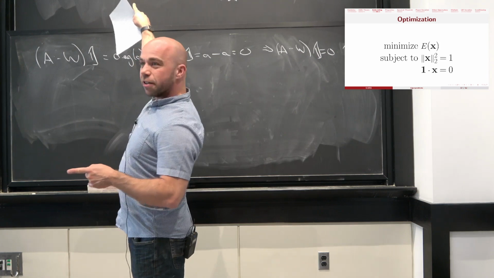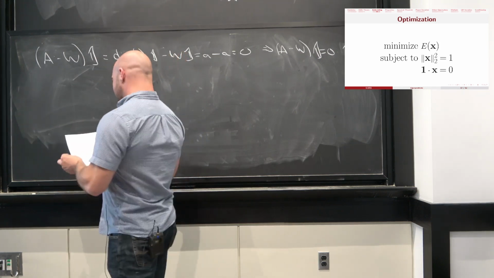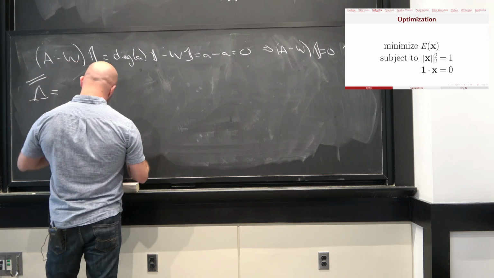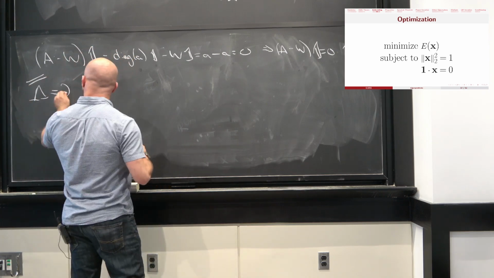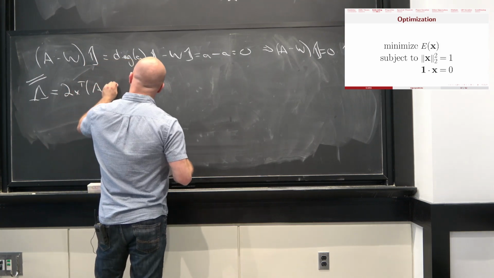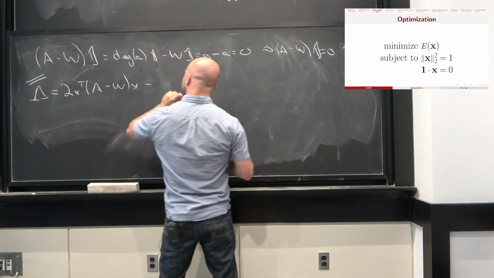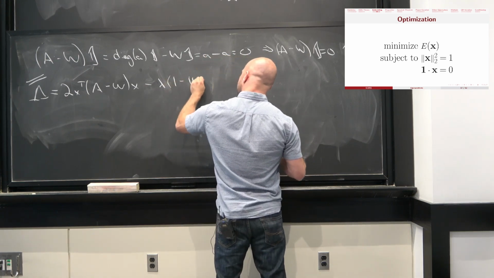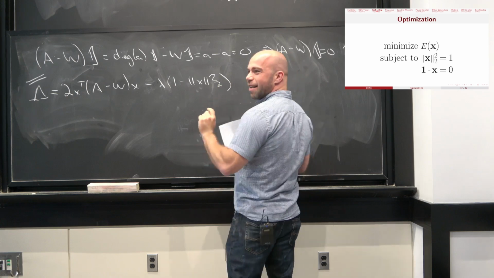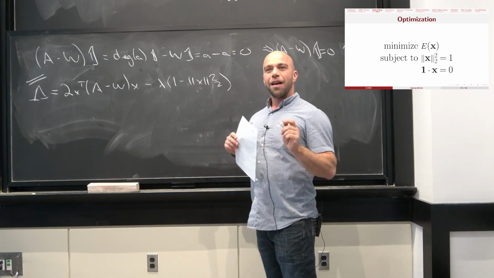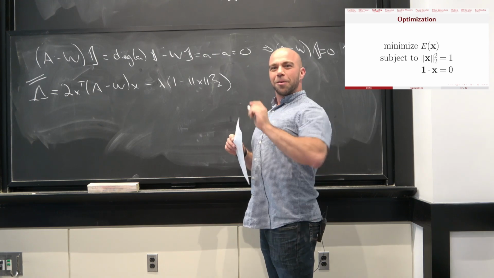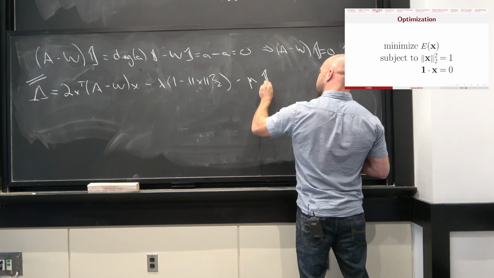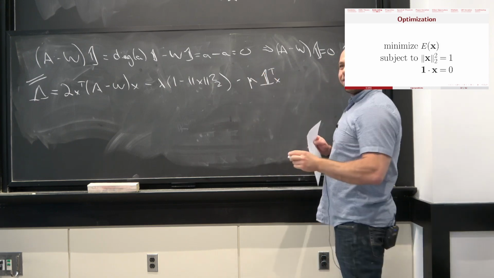If we return to our original optimization problem, we now have a Lagrangian, which is 2 x transpose (A minus W) x, plus lambda times (1 minus the norm of x squared). But now we need a second Lagrange multiplier, which is mu times the sum of the x's.